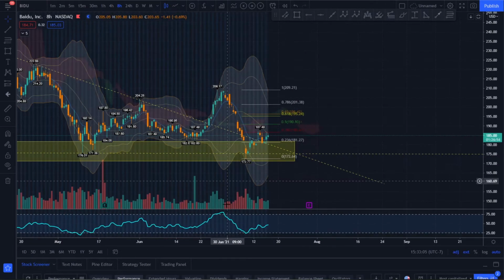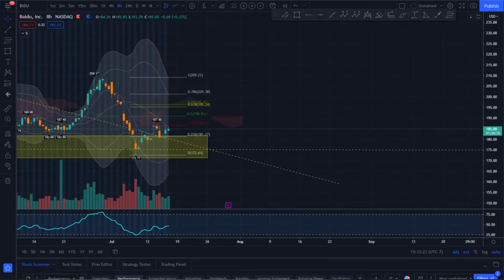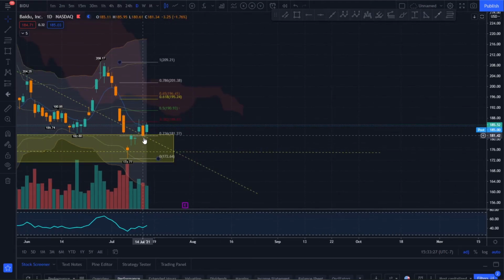So what I had was I was swinging Baidu. And the reason I have that is I'm looking for a lower high, increasing bull volume. You see here, I use a couple abbreviations: lower high, golden pocket, bullish engulfing. I'm looking for a bullish engulfing. If you look here, it had a bearish engulfing candle and it immediately got bought up today.